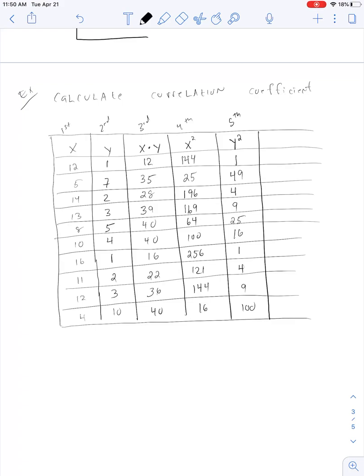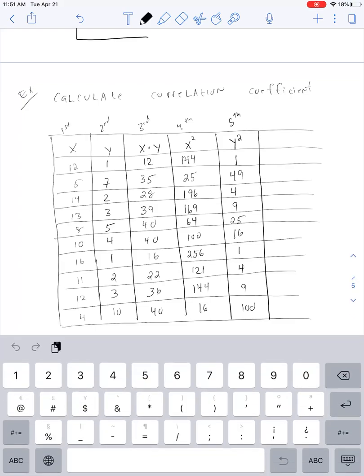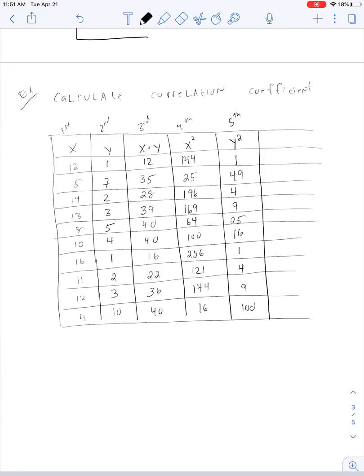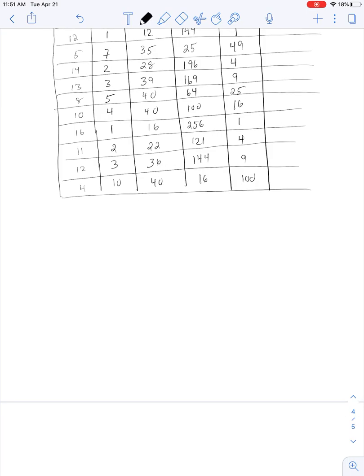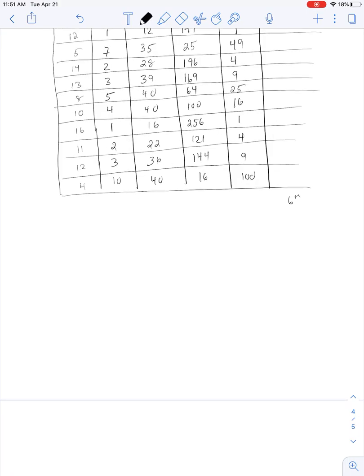Once we have done these 5 steps, your sixth step is to sum each column.